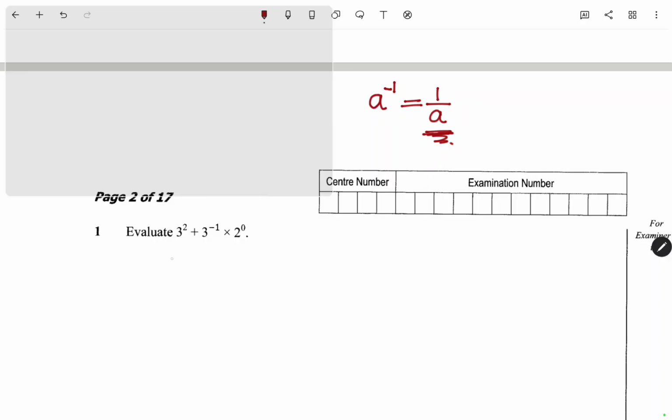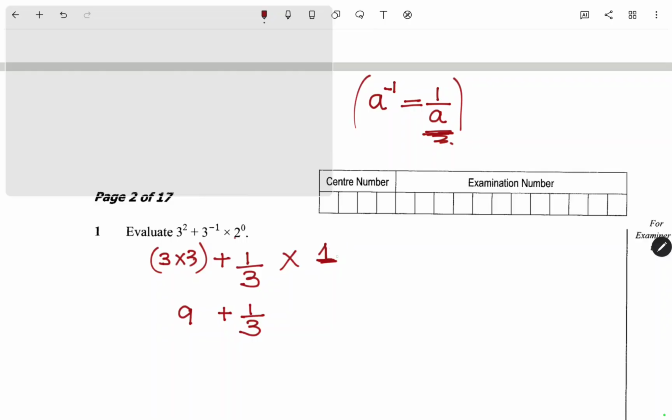So 3 squared means here we're going to have 3 times 3, plus 3 to the power negative 1. According to this law of indices, it can also be expressed as 1 over 3. Times a number raised to the power 0 is equivalent to 1. Any number raised to the power 0 is 1. 3 times 3 in this case is going to be 9, plus 1 over 3.